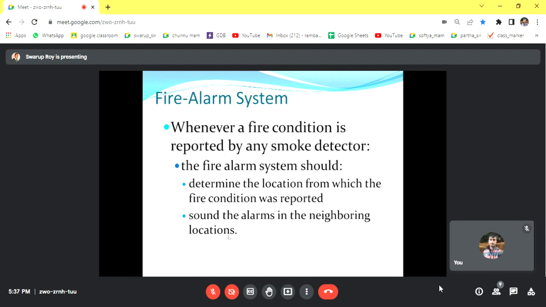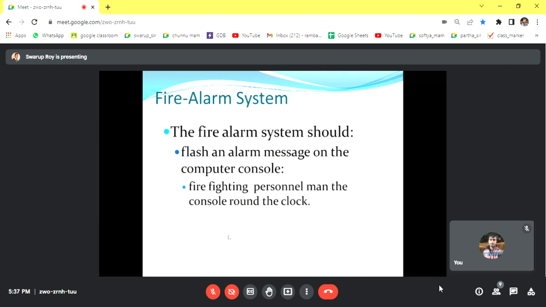The system will automatically decide where the signal is coming from, and then generate a warning or alarm to the building, to the fire brigade, or to whoever is in the neighboring rooms of the affected room. Firefighting personnel can also be sent a message through this.